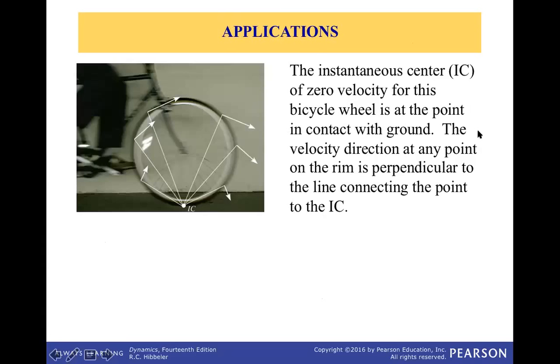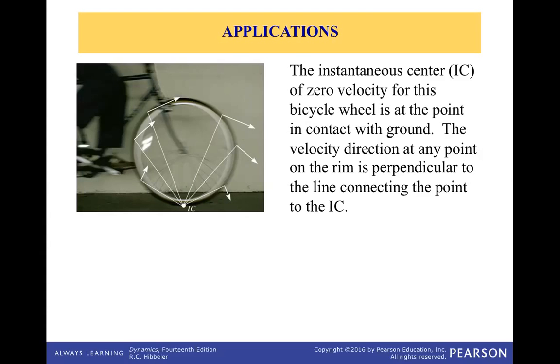In this section, we will talk about instantaneous center of zero velocity. That's the full definition. When a body is having rotational motion, it could be general motion, which includes rotational motion and translation motion.